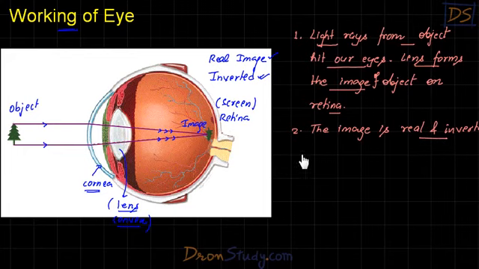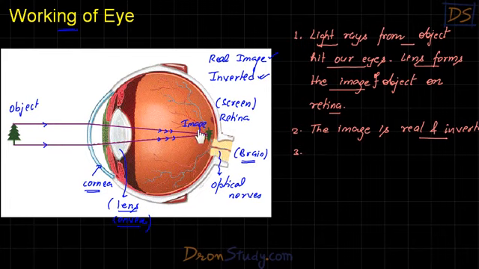Now see what happens next. Now look at this, students. These are optical nerves. Right students? And where do these optical nerves go? So as I have told you, they go to the brain, students. Okay. So when there is an object in front of our eyes, its image is formed on the retina by the lens, and then these optical nerves take the information of this image to our brain.